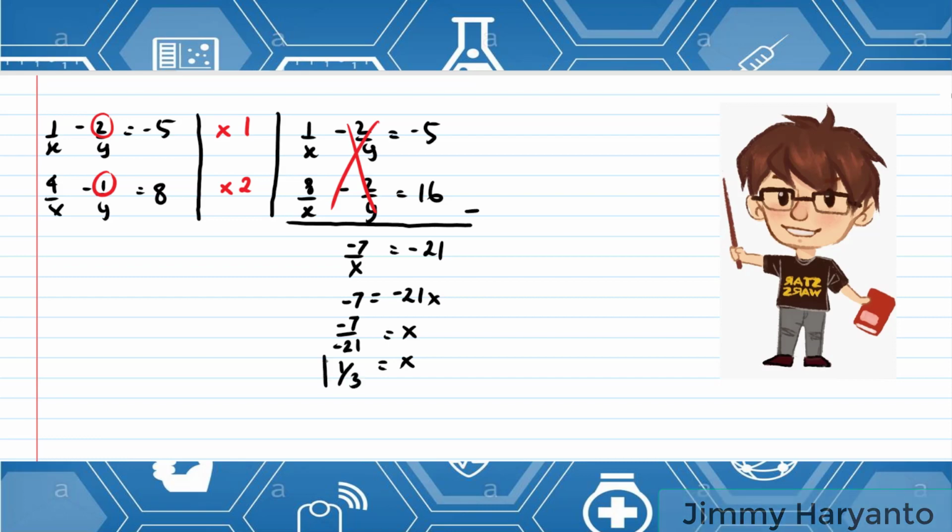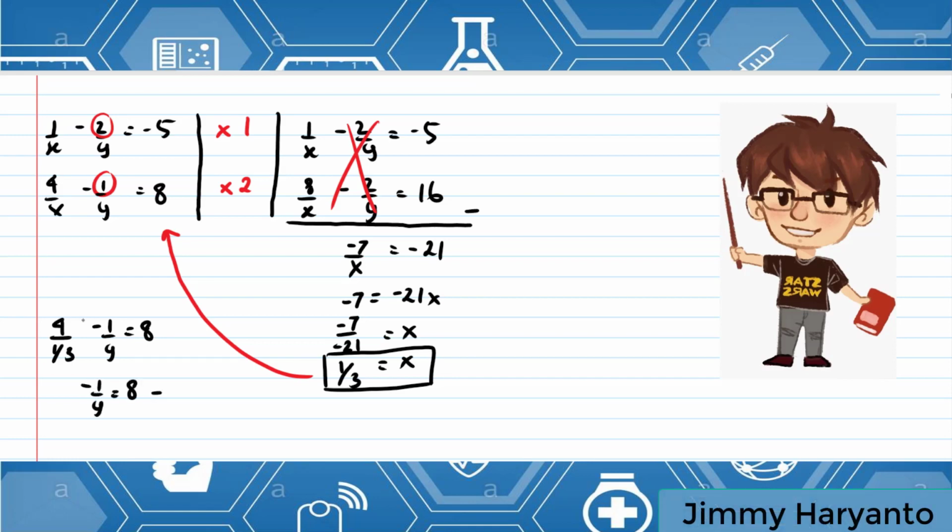Yay, we already got x. And then, to get y, I will use substitution right here. So I will write 4 over x, the x is 1 over 3, minus 1 over y equals 8. Negative 1 over y equals 8 minus 4 over 1 over 3, which equals 12.